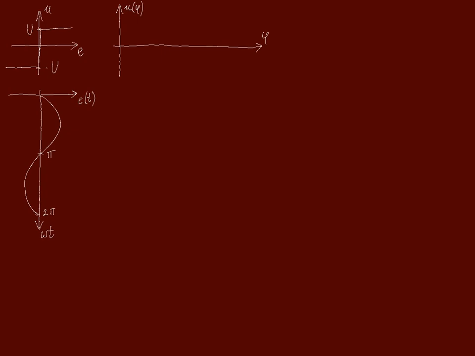For example, for this angle, the value of the signal is this, and this value is placed on the characteristic here. Therefore, for this angle, the same as here, u of phi is equal to large U.